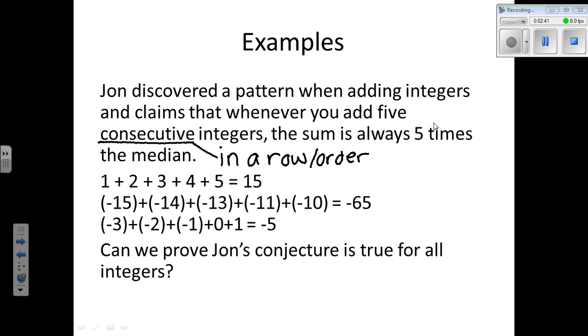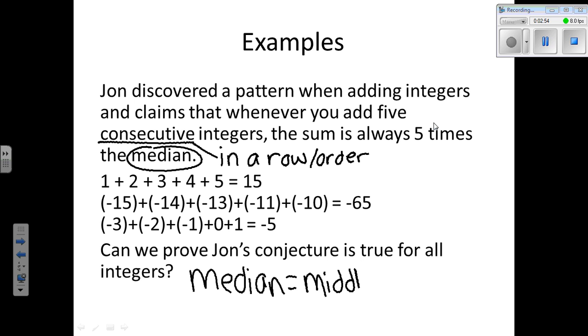Who remembers what median means? So the median is the middle number in a data set. So they have to be in consecutive order in order to figure out what your median is.